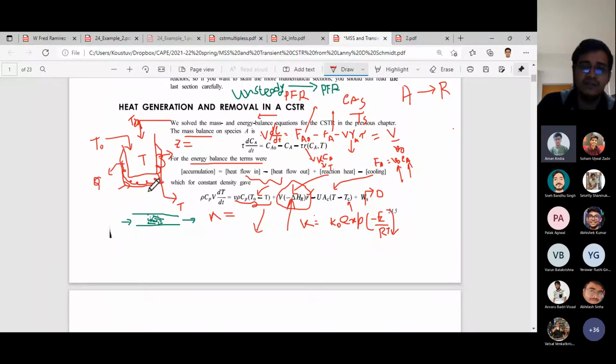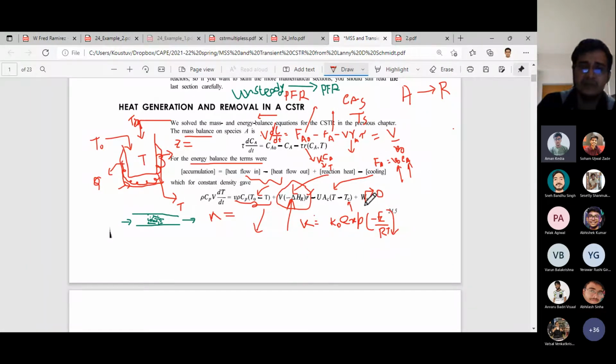So what are the different terms involved? One is the net rate of heat flow out, then the heat out due to cooling across the coil or the jacket, and the reaction heat, which is the generation term. The overall accumulation term equals the algebraic sum of all these.